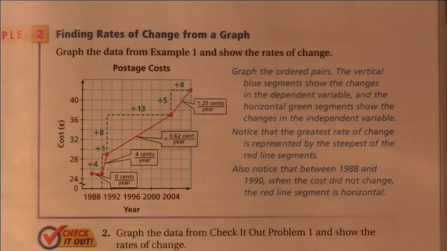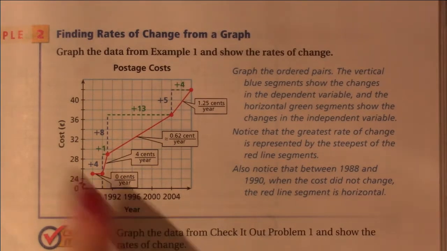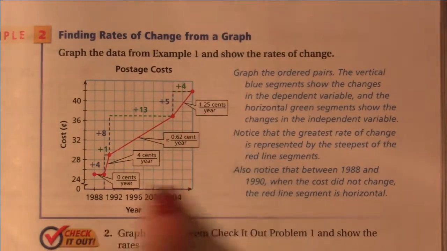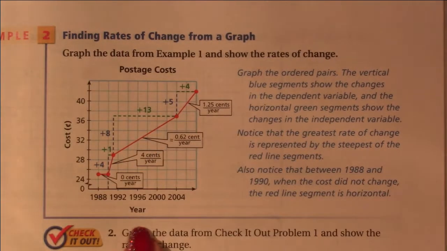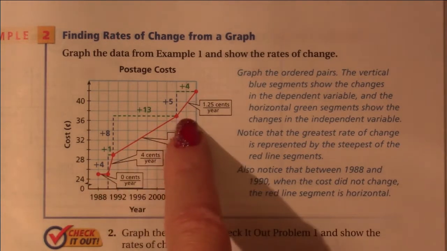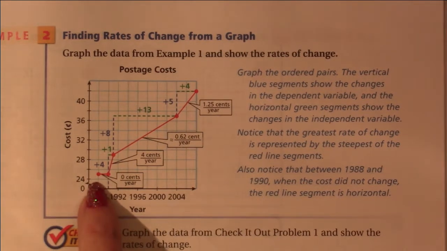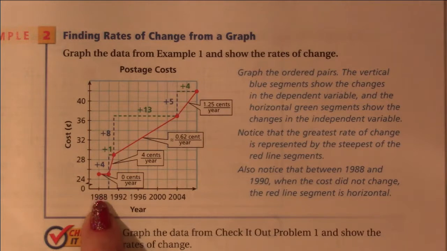So on page 315, you have an example that discusses finding the rates of change from a graph. So for example 2 here, you have what I consider a very bad example because you can't tell exactly where each of these points are when they don't end up at exactly the spot on the grid lines.